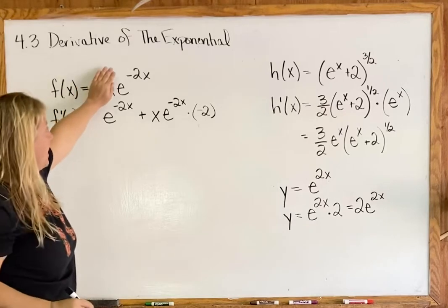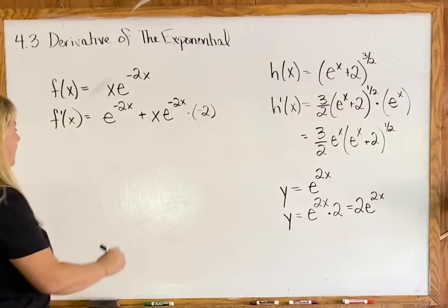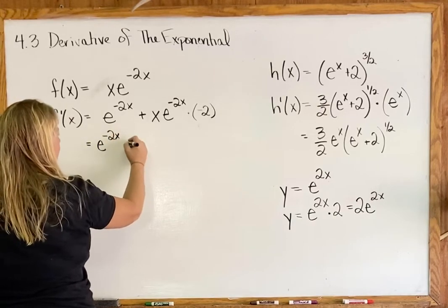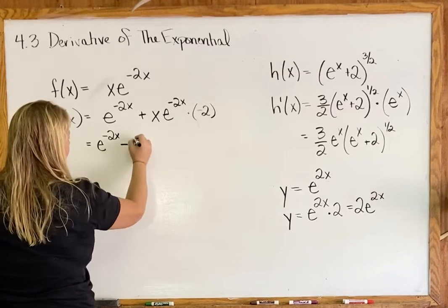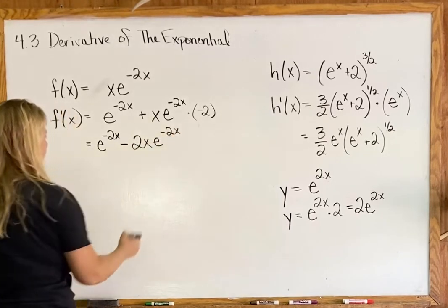Okay, so e to the x is its own, so you just write it down, but then you have to take the derivative of the inside. So we end up with e to the negative 2x, and then that'll turn that into a minus 2x e to the negative 2x.